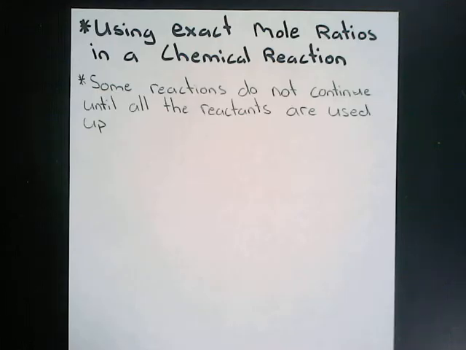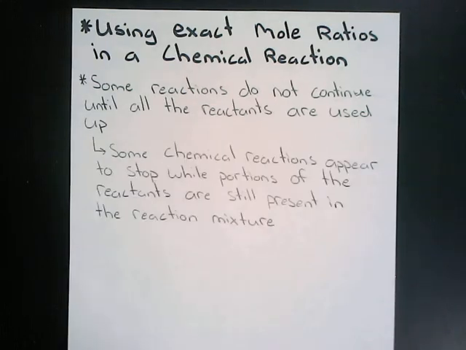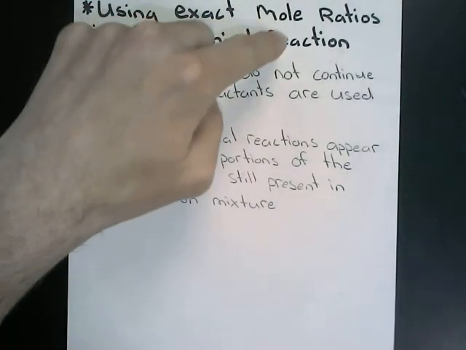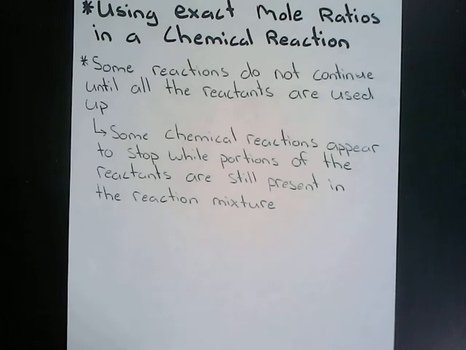And so if this happens, some chemical reactions appear to stop while portions of the reactants are still present in the reaction mixture. So if we conduct a reaction in this way where we use exact mole ratios, this is a very inefficient and wasteful way for our reactions to proceed.